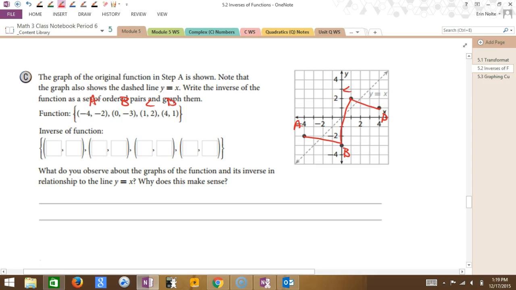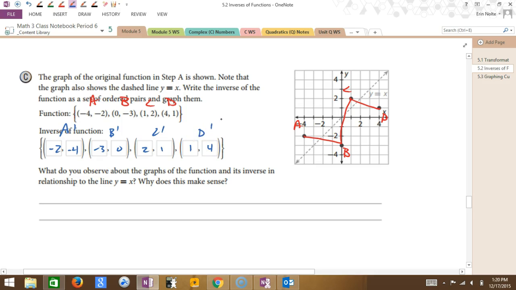So what are the inverse function points? What's my inverse of A? -2, -4, so that's my A. My B, my C, D, 1, 4.